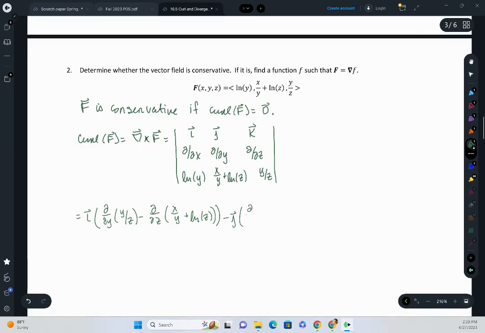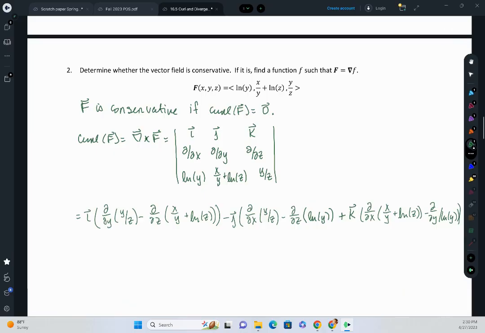And then we'll look at del x of y over z minus del z of ln of y. And then plus k hat. Okay, plus k hat, and then there we'll have del x of x over y plus ln of z minus del y. I'm running out of room. Of ln of y, close all those parentheses.